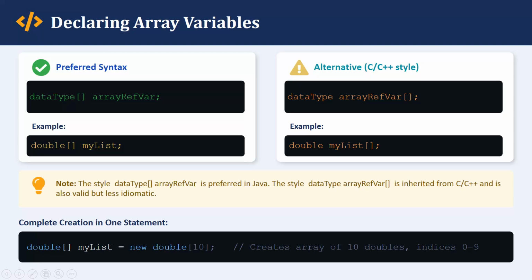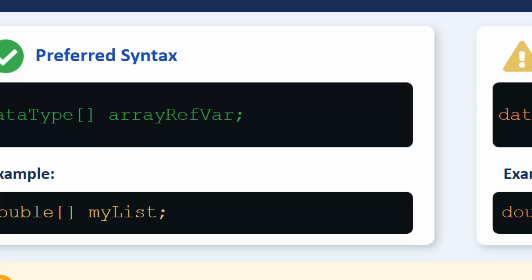But you see, preferred syntax is that within the data type, you can declare all of them, then you just say the array reference variable. So double. So you can say double, then the array, then you give the list. While when you're using alternative method, then you can say double, then my list, and now declare them in your list. So the style data type array reference variable is preferred in Java. So you have to use the preferred one, which is on this other side.